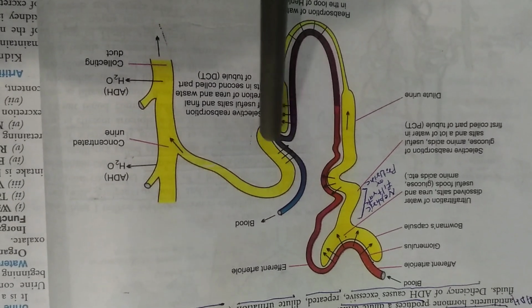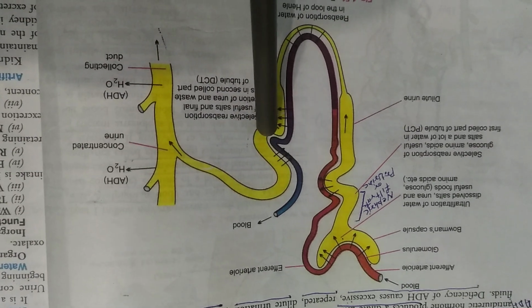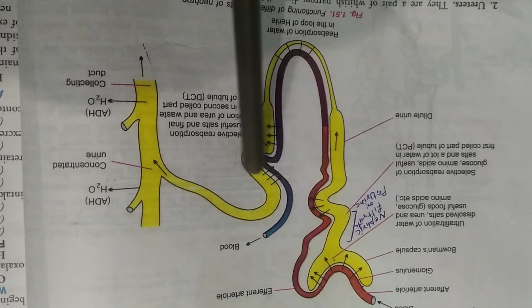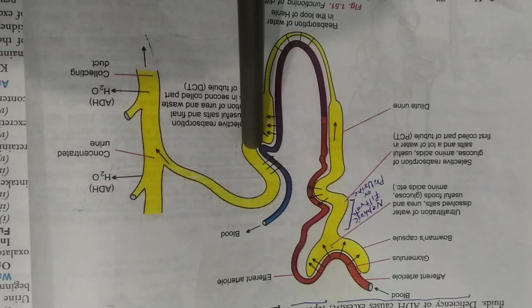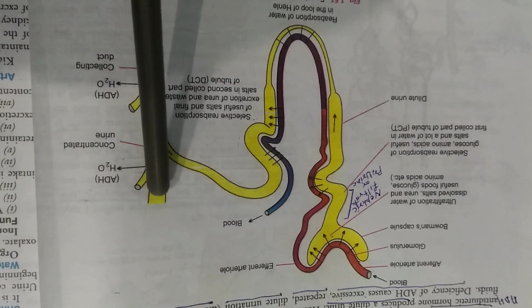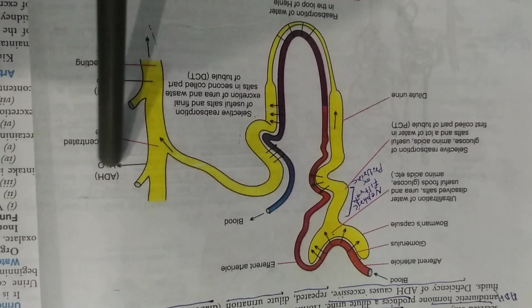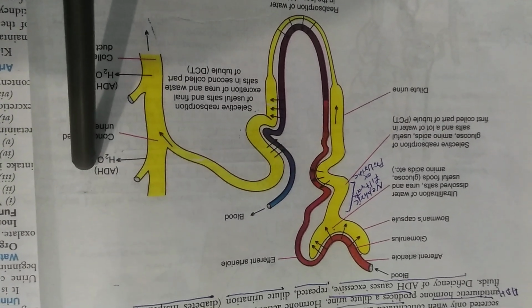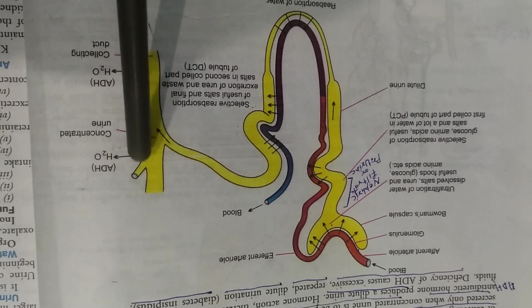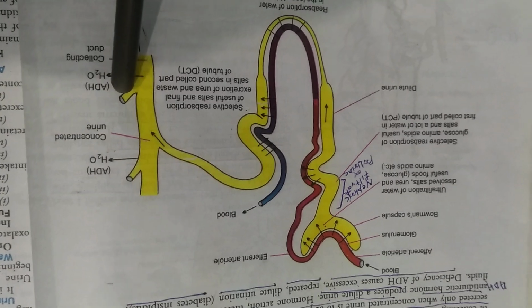Concentration of urine also takes place in DCT, and DCT removes all the waste products. After that, this urine passes to the collecting duct where ADH hormone is secreted for concentration of urine. These are about the function of nephron.